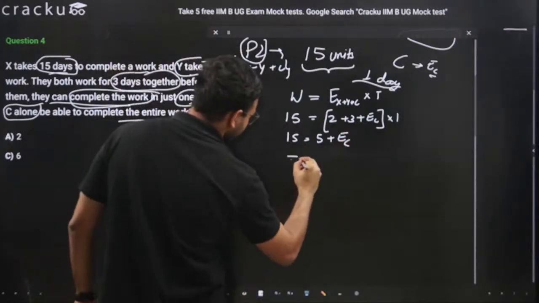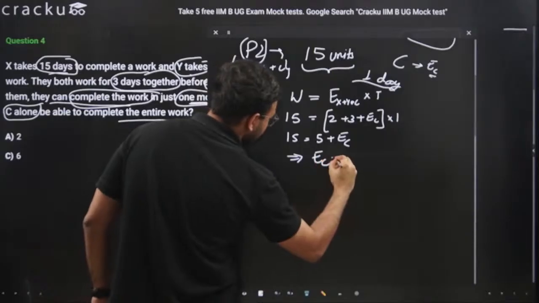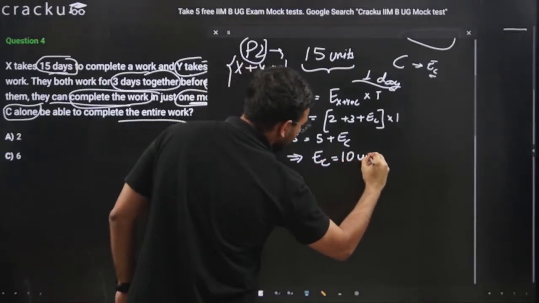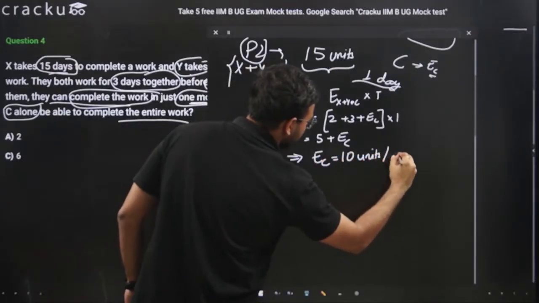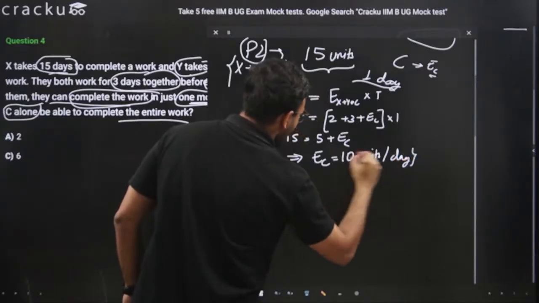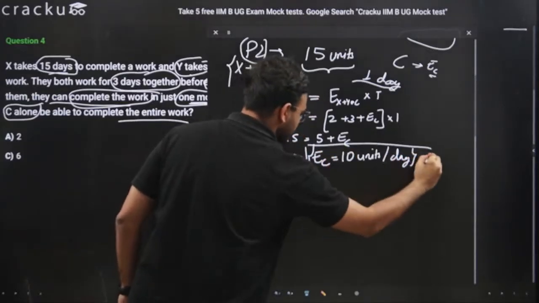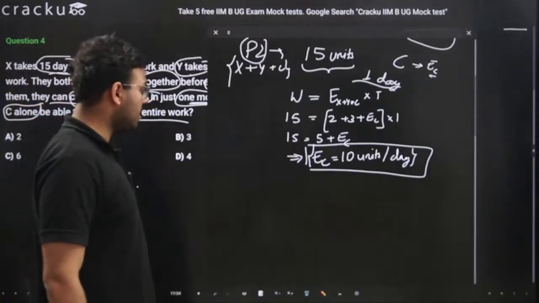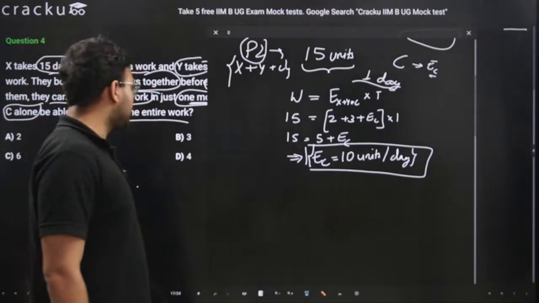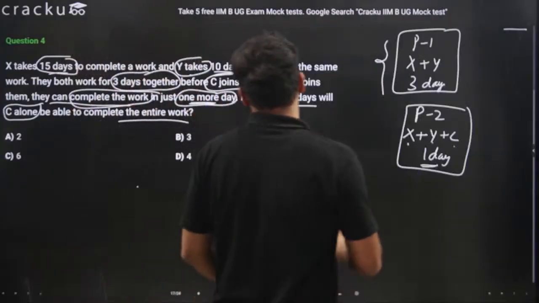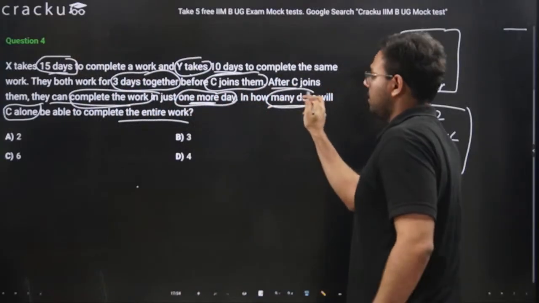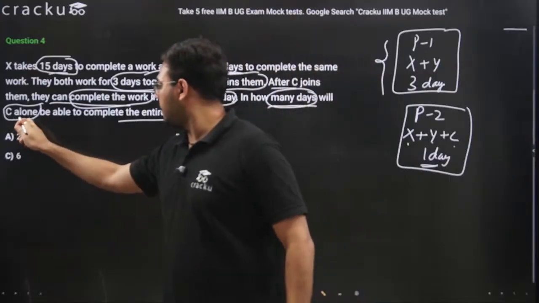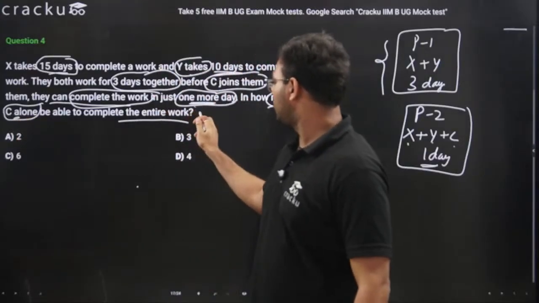This implies the efficiency of C is 10 units per day. What is asked in the question? In how many days will C alone be able to complete the entire work?